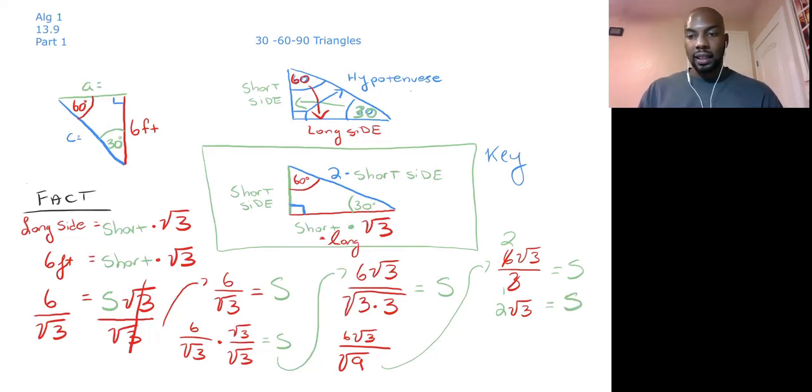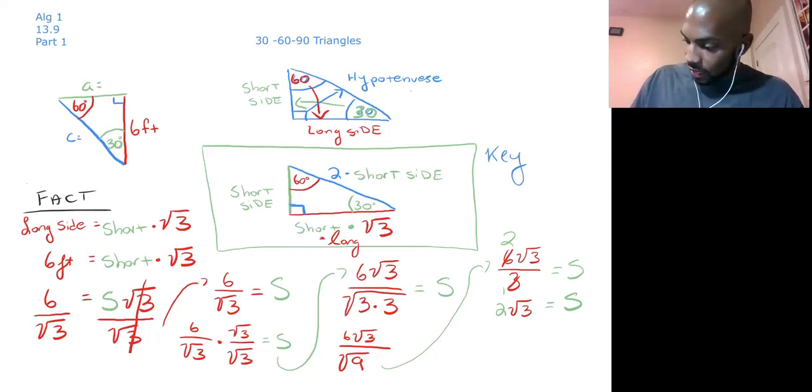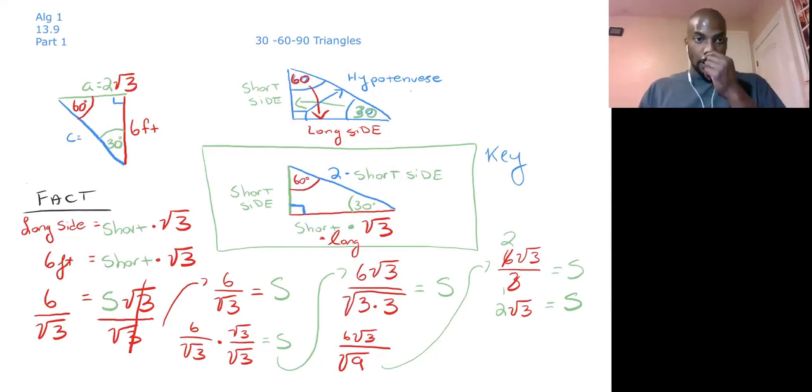So that is the length of the short side. So now I can say the short side value is 2 rad 3, and I'm going to put that back over here where my A is, 2 rad 3, okay?